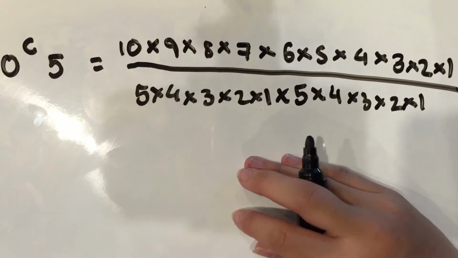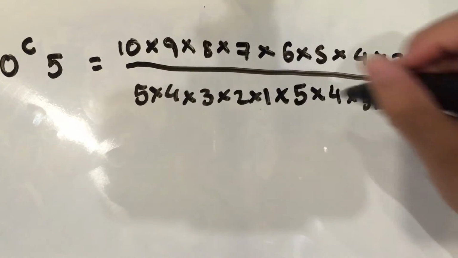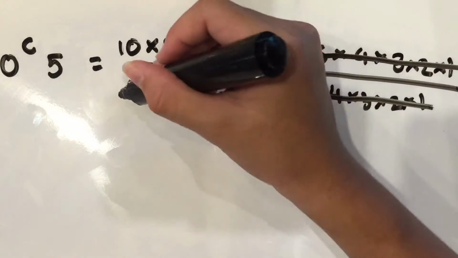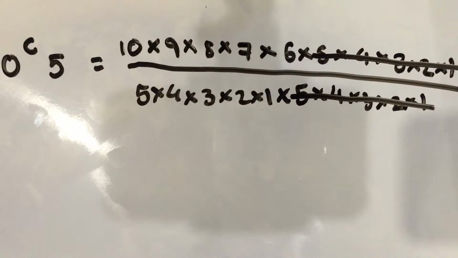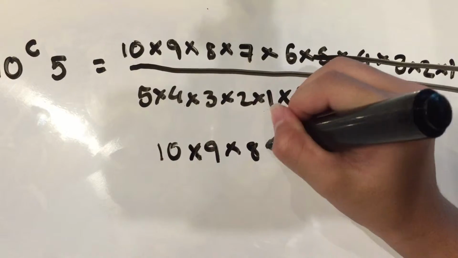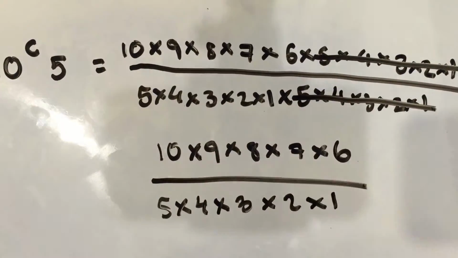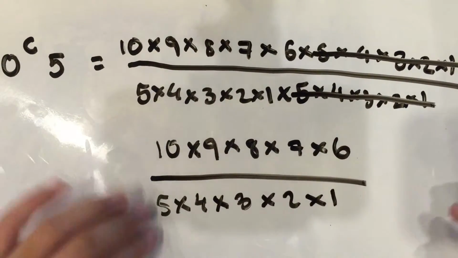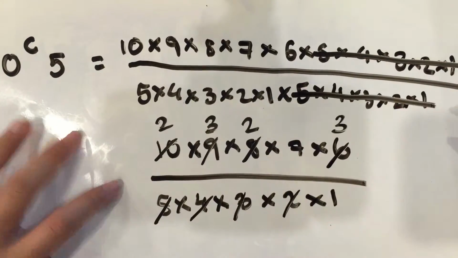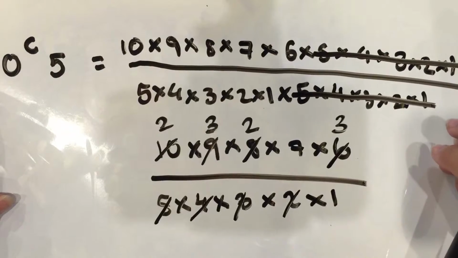Alright, we can cut any of them out because they're the same number. So I'm just going to cut this out and then cut from there. Or if we cut from this side, we still cut there. I'm just going to move it down so you can see it clearer. Then we're going to find what numbers can go into what. We can't cut out the 7.